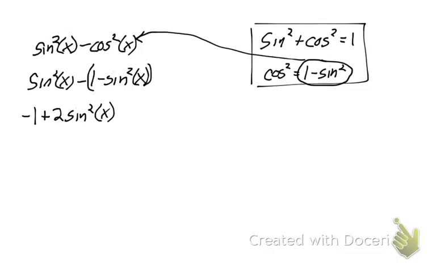So it is possible, although I would never say simplify this, because neither of these is more simple than the other one. You can use this to help you move forward in a problem. By itself, this is all the way simplified. This is equally as complicated, so it's not considered simplified.